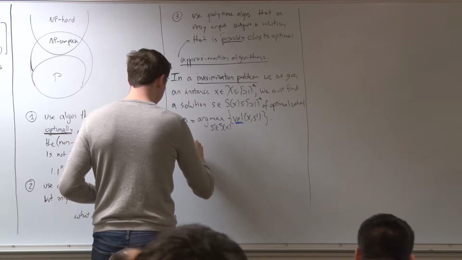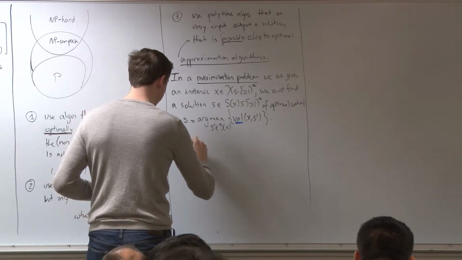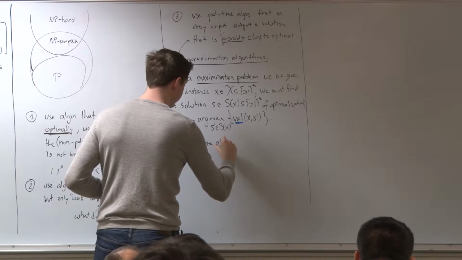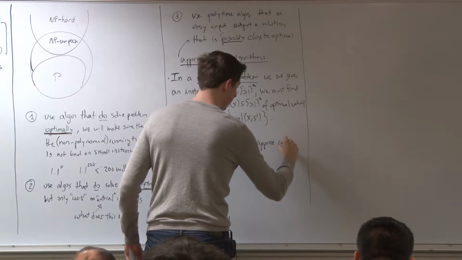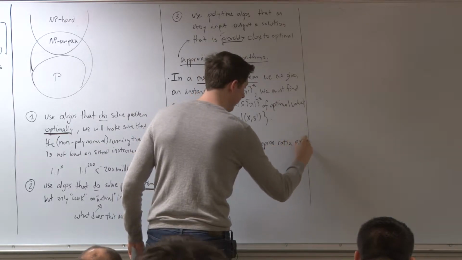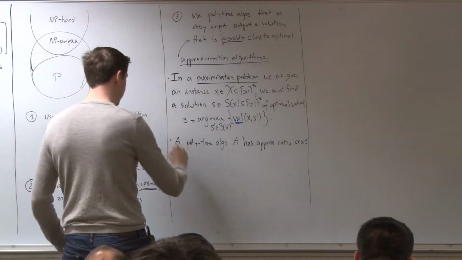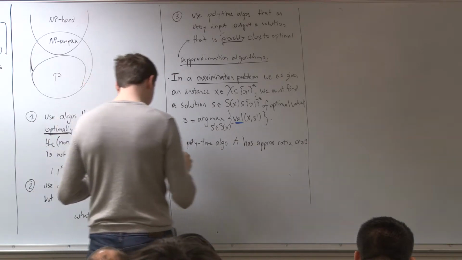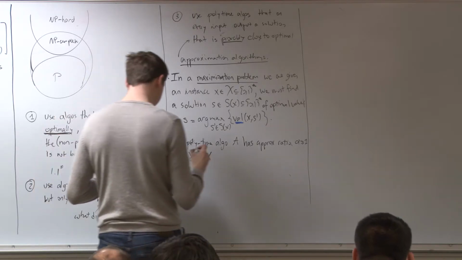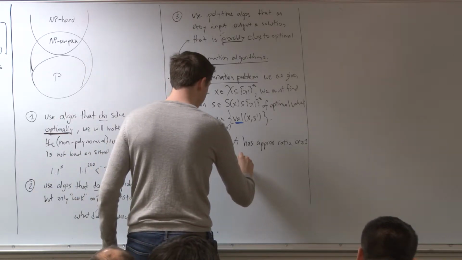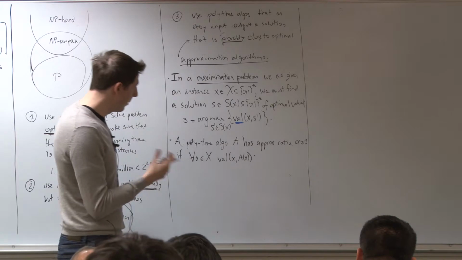We're going to say an algorithm, and we will always consider polynomial time algorithms. A polytime algorithm A has approximation ratio alpha, which is always greater than 1, for this problem if, for every x in the set of instances X, the value of the solution returned by the algorithm compares well to the optimal one.